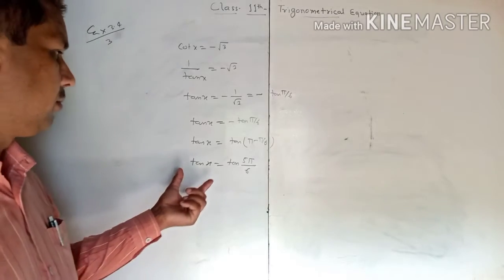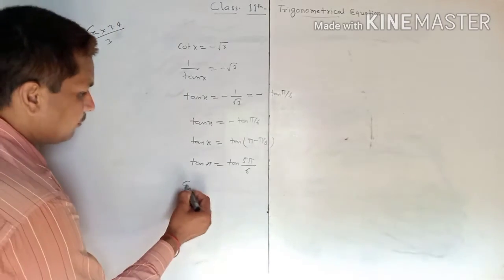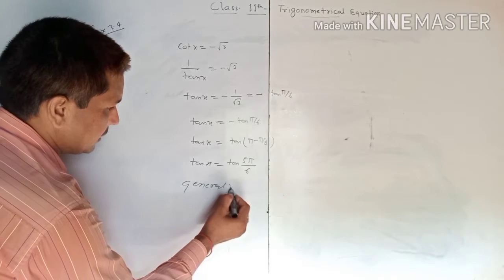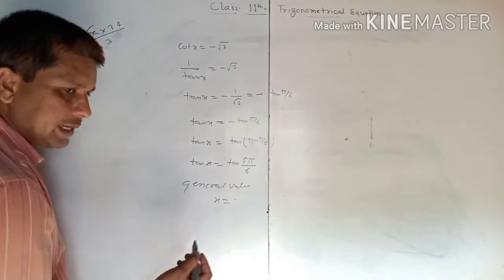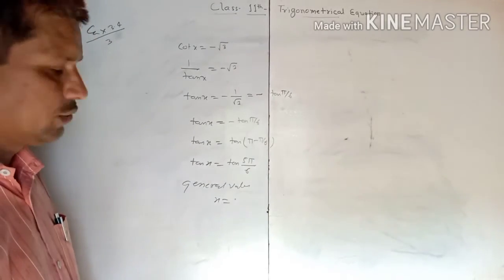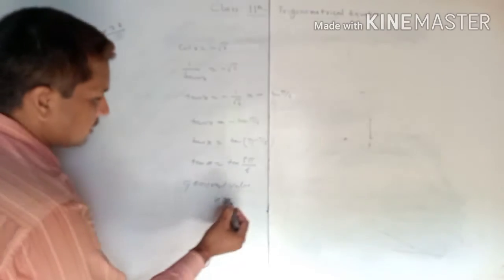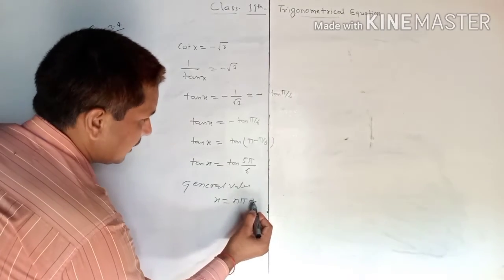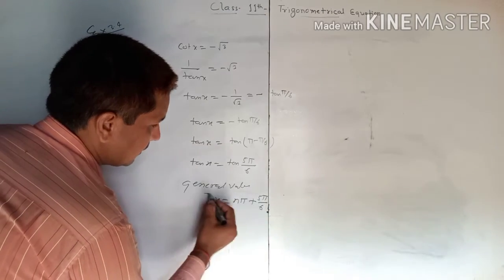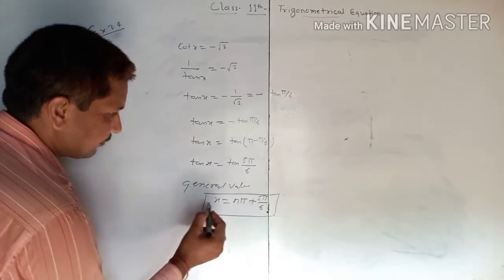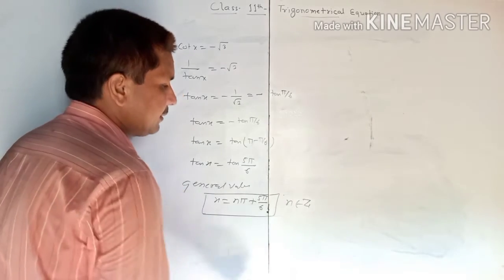So this is in the form of tan x is equal to tan y. Then the general value: in case of tan, the general value is x is equal to n pi plus y. So x is equal to n pi plus y, where y means 5 pi by 6, where n is an element of Z.